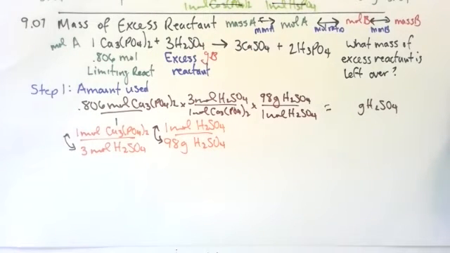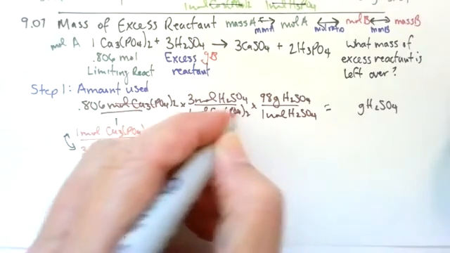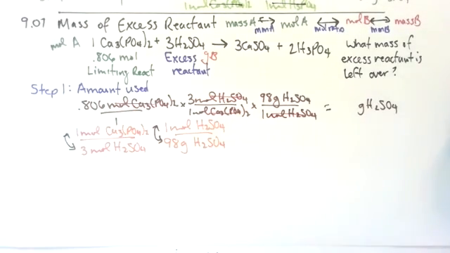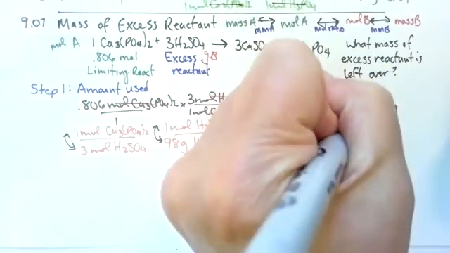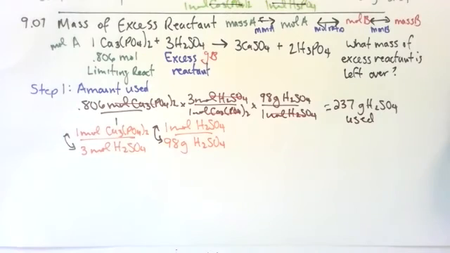Let's see how I did. Cancel. It's going to cancel. So now I'm going to take 0.806 times 3 times 98. And I get 237 grams of H2SO4 used.